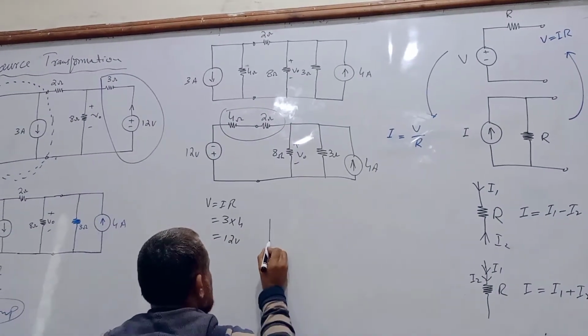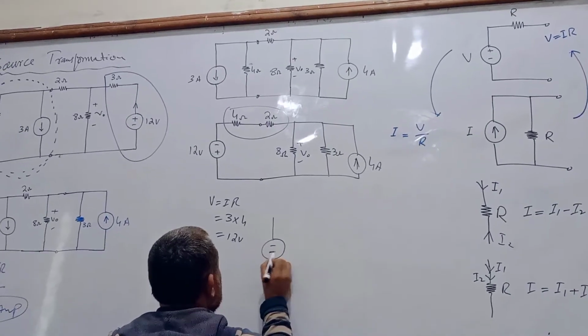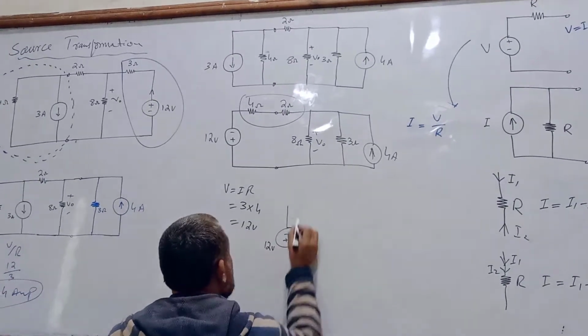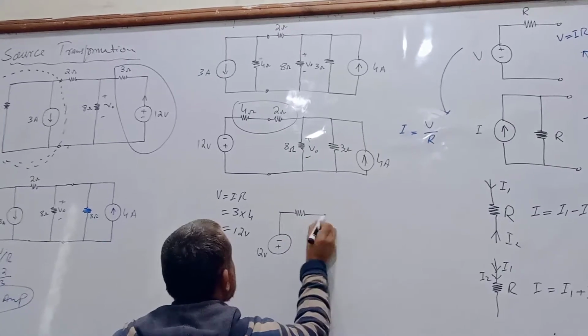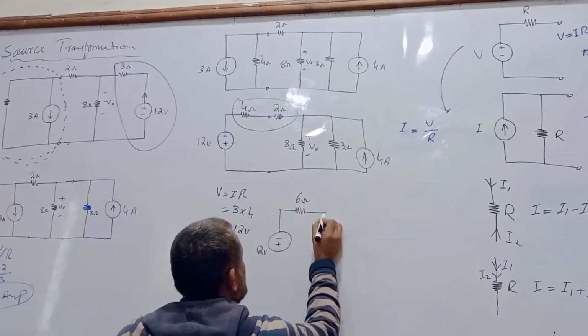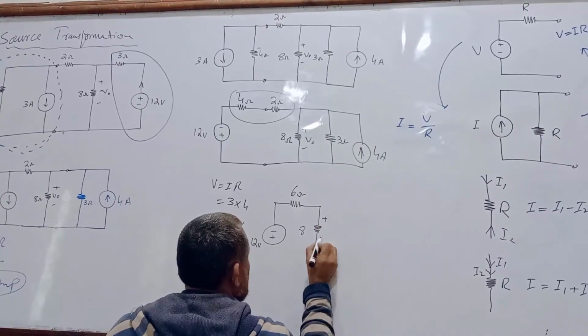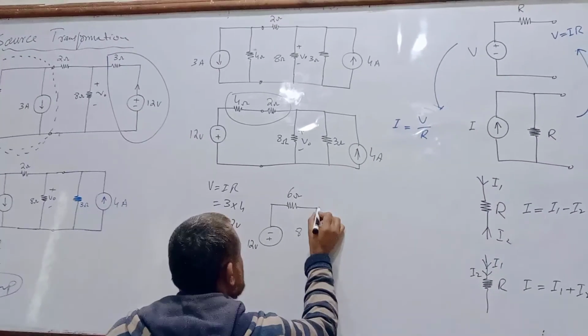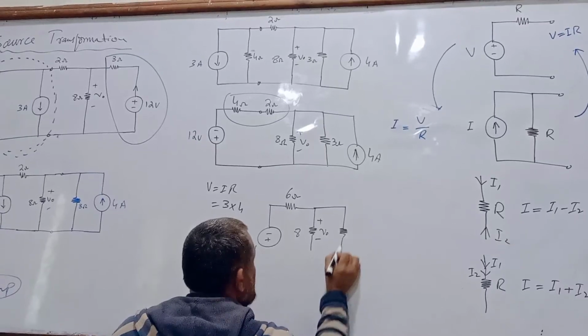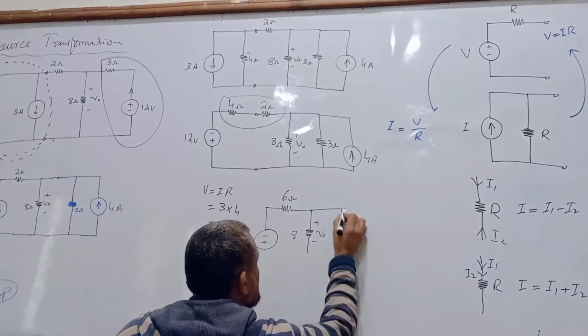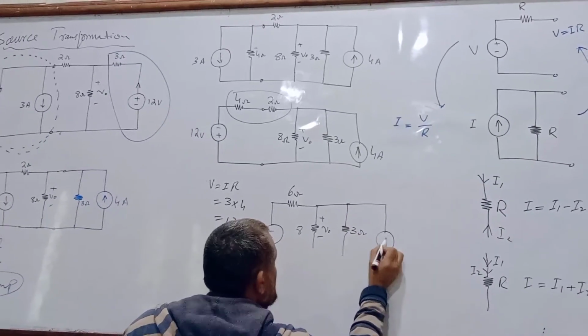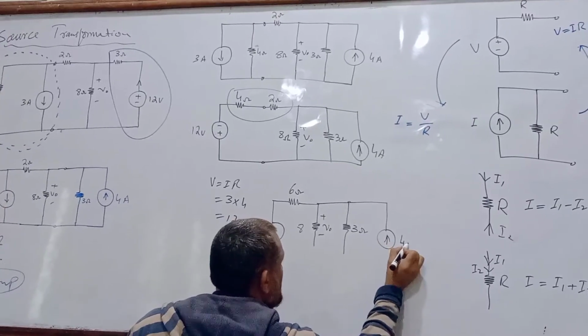So minus plus 12 volt. Series resistance is 6 ohm, 8 ohm, plus minus V naught, which is what we are interested in, and then 3 ohm, and then 4 ampere.